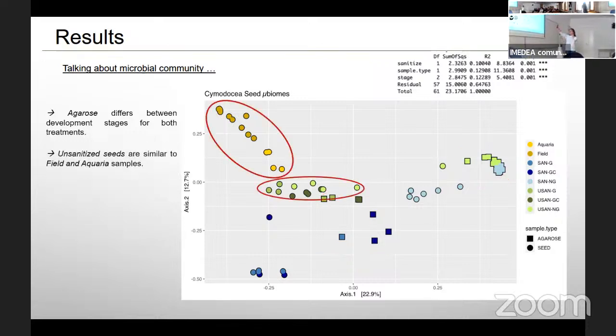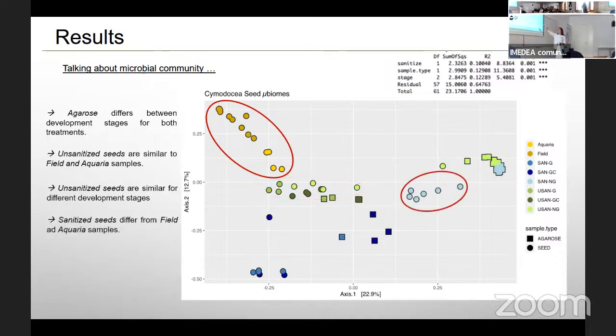Then we can see that the unsanitized seeds for all the developmental stages are more similar to the field. And also, the unsanitized seeds from different developmental stages have more similar communities.